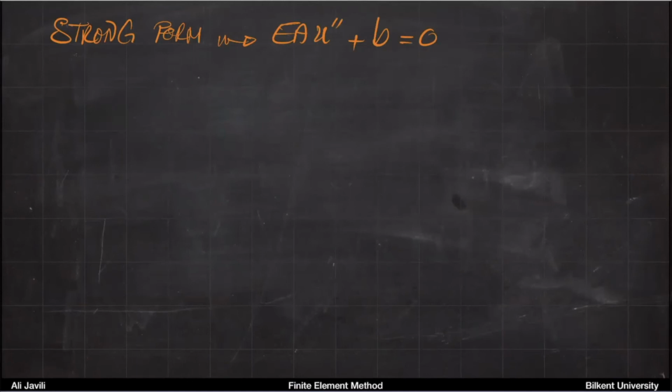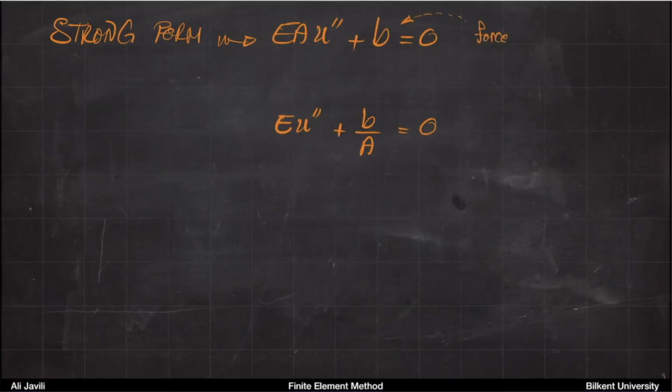Let's just look at what this thing is a little. If I divide this thing by A, this will look like E U double prime plus B divided by A. Now B was body force density in 1D, so that was, let's say, force per meter. Does it make sense?